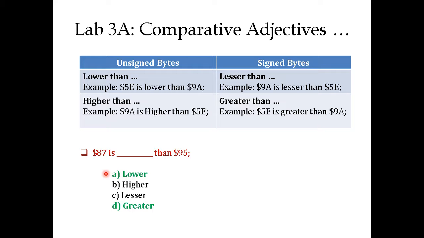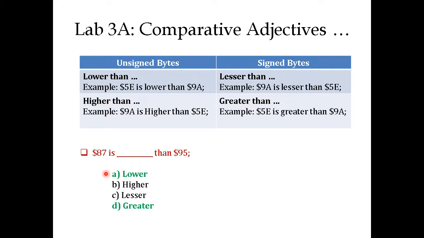Why? Because 87 and 95 both are negative numbers, right? Which is less negative? 87, right? So 87 is actually greater than 95. Just like how -2 is greater than -5, right? It's really exciting. Do you agree?